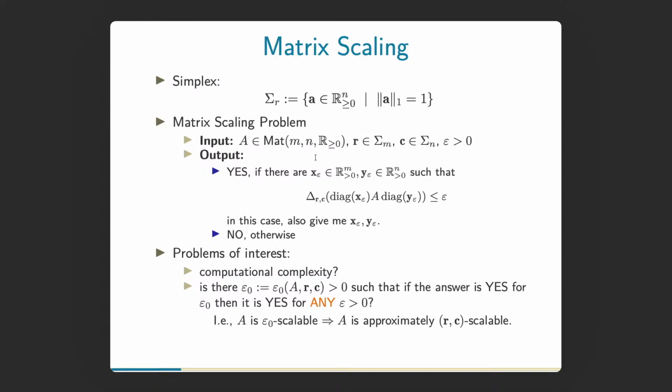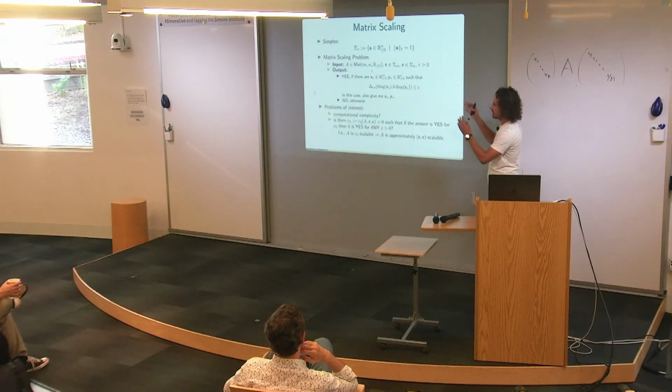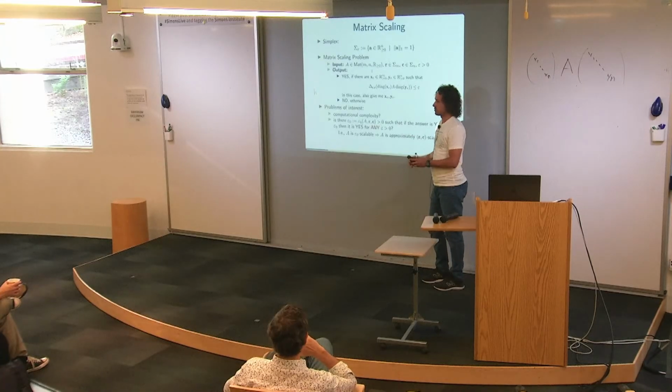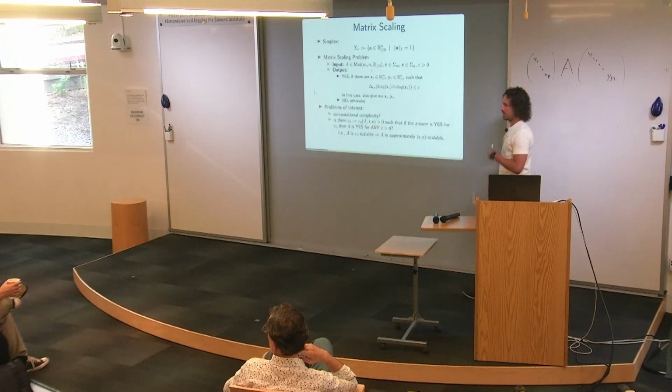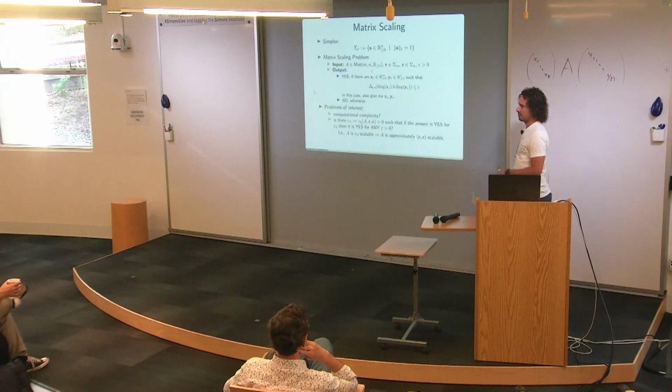Sounds good? Are you going to assume integer entries or something? For now I won't, but you can. And for the purpose of our algorithms, I'm always going to say that A has rational entries, or I clear denominators and my matrix has integer entries. That will enter in the full complexity of my algorithm.